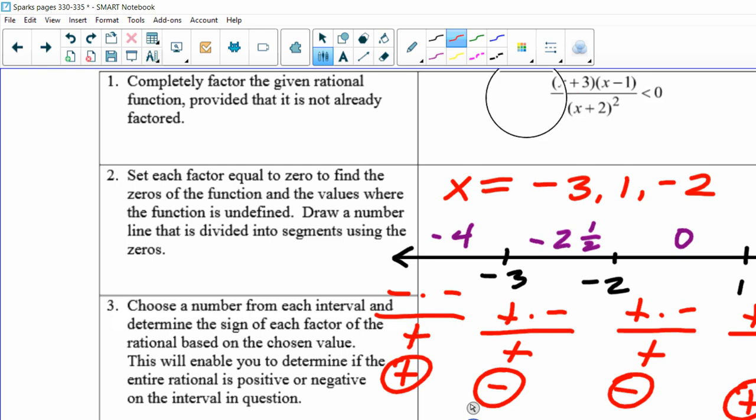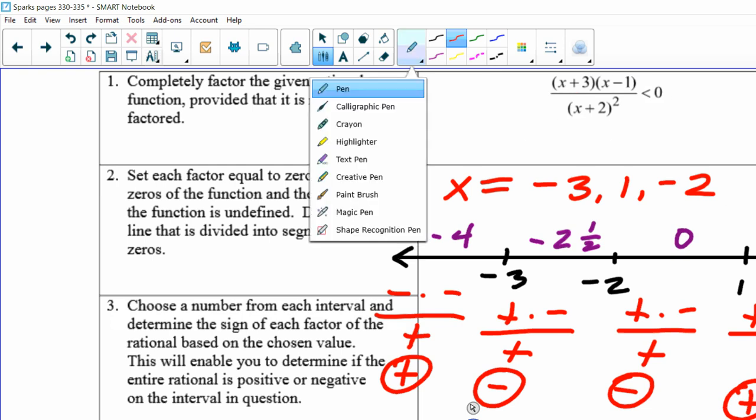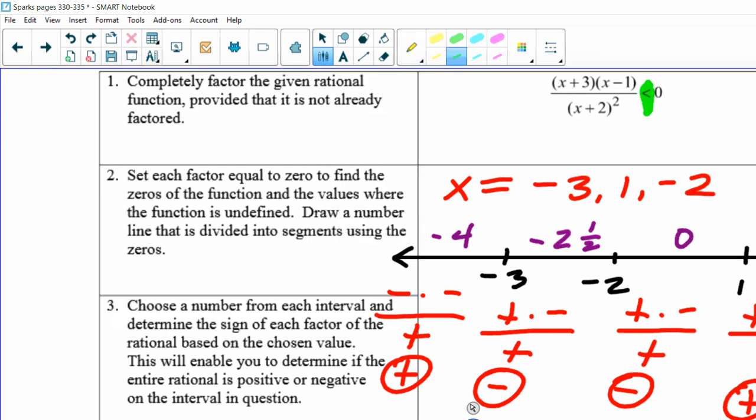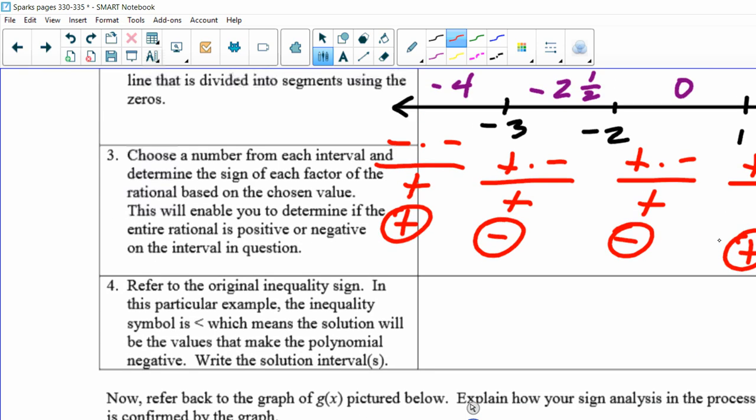Now go back to the problem, and what you're going to look for is that right there. What intervals make this thing negative? Okay, let's talk about that. Is it going to be -3 to 1?